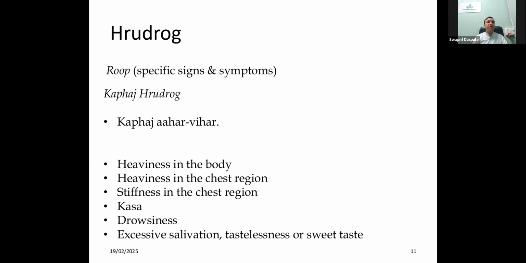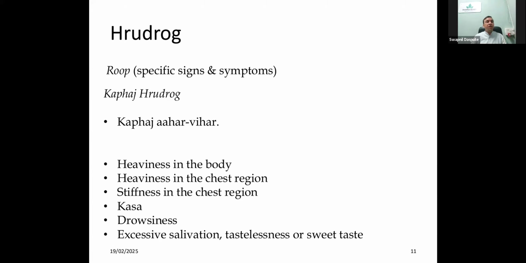In Kafaja type of Rudroga, what are the signs and symptoms which are seen? Kafaja Ahara Vihara, we know what is Kafaja Ahara Vihara: Guru, Snigdha, Madhura, excess quantity of food, Ati Ahar. So it can cause aggravation of Kapha dosha, cold potency food.